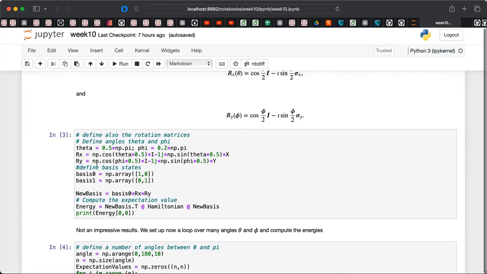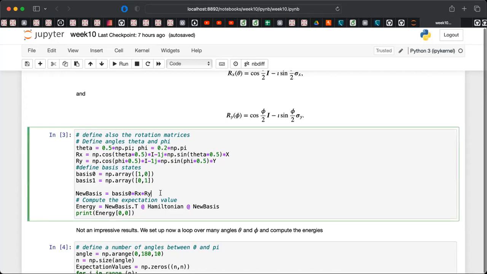And that means that when we do this basis state, I can compute a new basis, which is now simply the multiplication of these states which we have here. So since these are matrices, I should actually rewrite it like this. So let me just bring that back here. I'm just performing these matrix multiplications with the Rx, Ry, and then I multiply that with the basis.